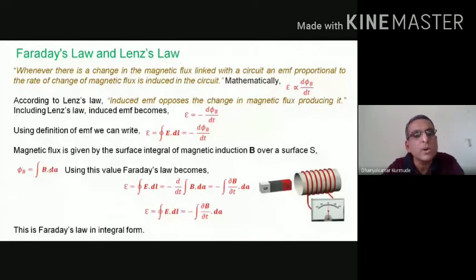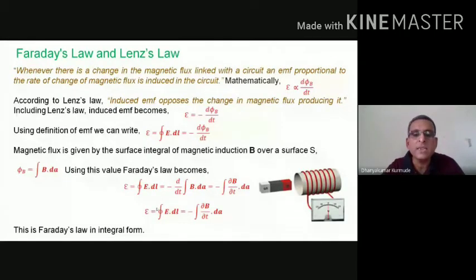Now this phi B we can replace with this expression, the integration of B dot dA. So we can write the induced EMF, the line integral of E dot dl, is equal to minus d by dt, which we have taken outside of the integration sign, with phi B replaced by the surface integral of B dot dA, which is equal to the negative of the integration of dou B by dou t dot dA.